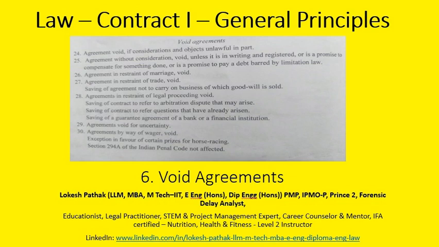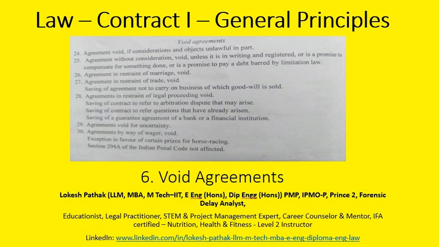Section 26 says that an agreement in restraint of marriage is void. It means if any agreement is made by which the freedom related to marriage is limited or restricted, then that agreement is void. Section 27 says the same thing with respect to trade: an agreement is void if it is in restraint of any trade or lawful profession.